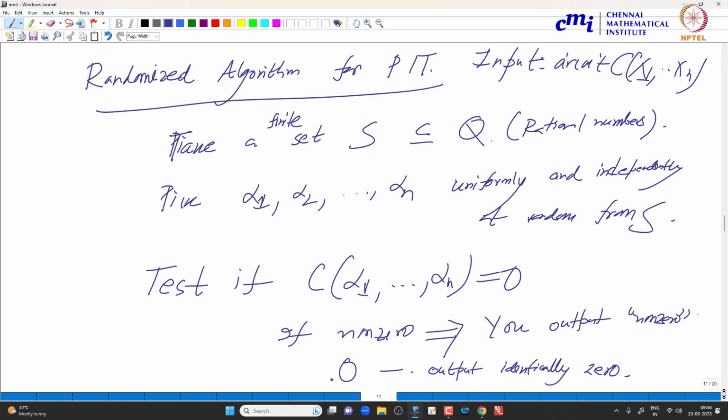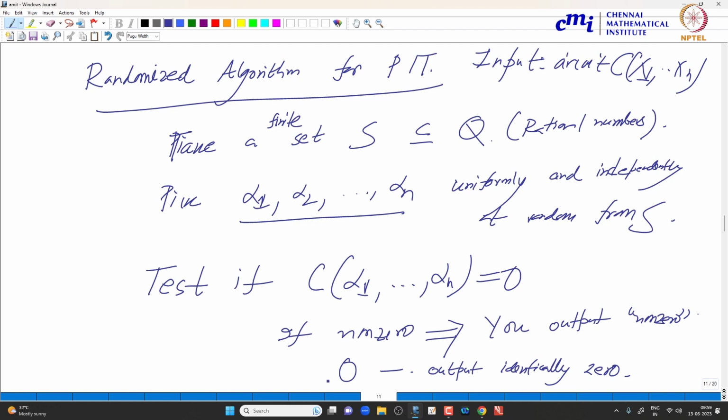So obviously you are thinking that this might be mistaken, right? This decision may not be correct, and that is why for this kind of randomized algorithm you have to estimate the error probability. Like, what is the probability that this was actually a non-zero polynomial, but because you unfortunately picked a bad point, it turned out to be 0.